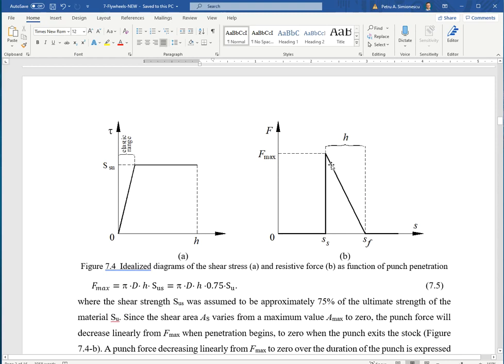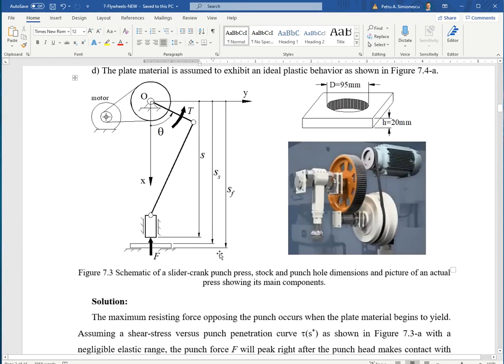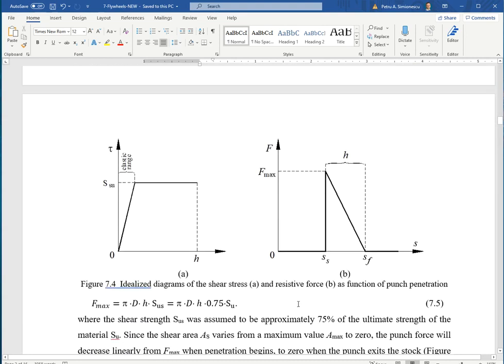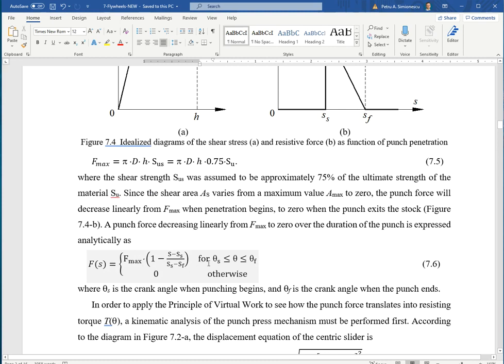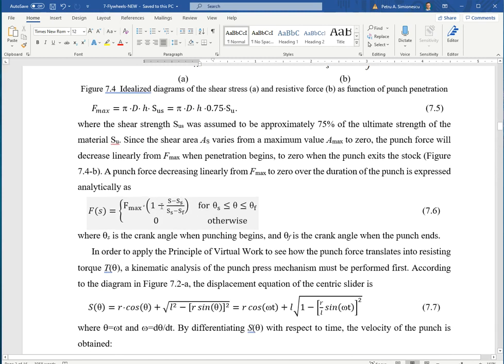Linear variation of the punch force from maximum to 0. This occurs only between the start of the punch and end of the punch. There's negligible or no force outside that acting upon the piston, the punch. And so this is described by these piecewise continuous functions. So F max, and this is the linear variation going from maximum to 0 as theta goes from the corresponding theta between start of punch and end of punch.